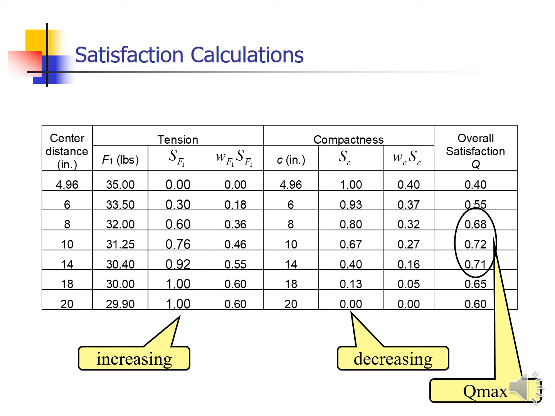The force we get is 35, and S to F1 is 0, W F1 is 0. We can do this using the formula from before. After that, how can we get the maximum Qmax? Here the maximum for this value is at center distance 10, and this maximum value is 0.72.